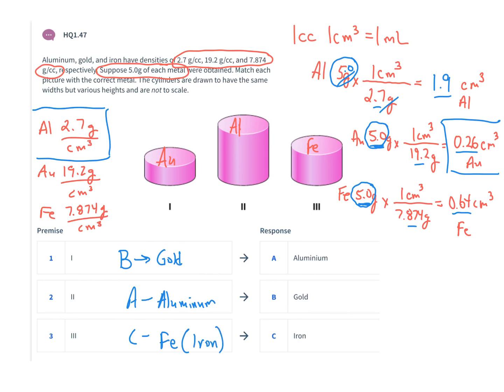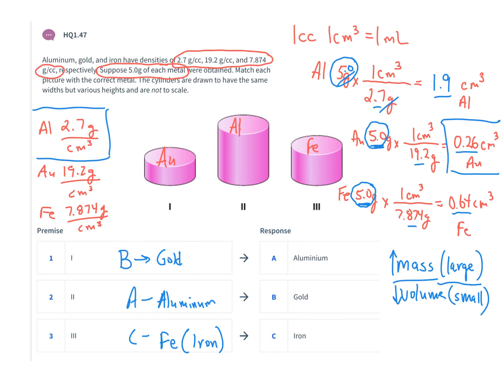So again, just thinking about what we know and thinking about what density is, right? Density is mass over volume. So for something that has a very large density, what that means is we have a very large mass in a small amount of volume, right? We've got a large number here divided by a small number here.